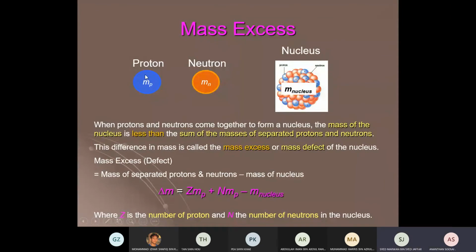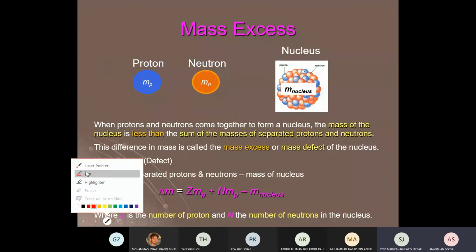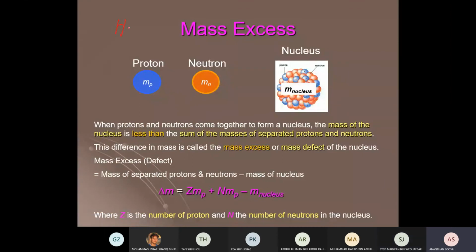When a proton and neutron merge to form a nucleus, for example, I go for helium. Helium is 4-2, right? Helium 4-2 is made of how many protons, how many neutrons? 2 protons plus 2 neutrons. So the 2 protons and 2 neutrons, when they merge, form helium.